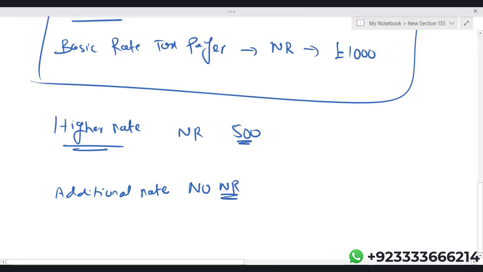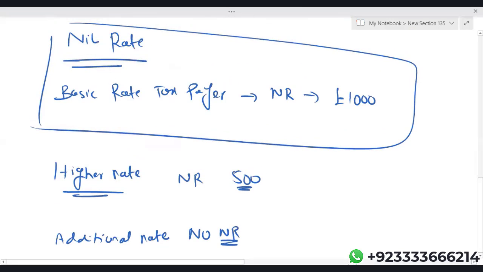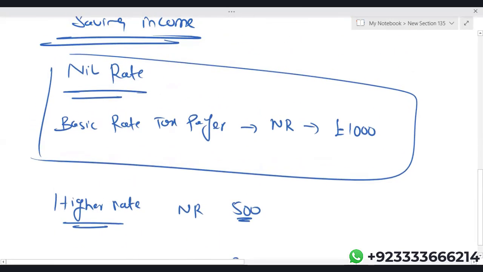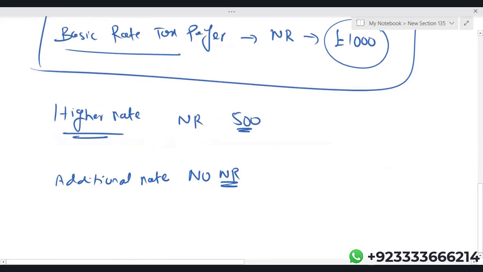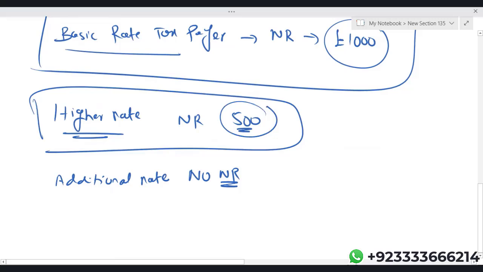So basically, if someone is a basic rate taxpayer, then the nil rate band is £1,000. If someone is a higher rate taxpayer, then the nil rate band is £500. If someone is an additional rate taxpayer, then there is no nil rate band for the saving income.